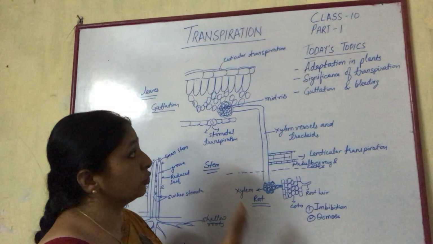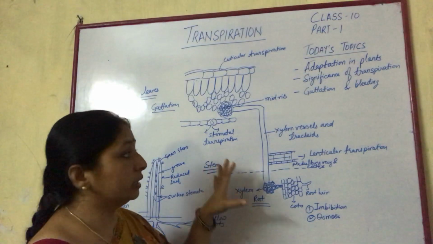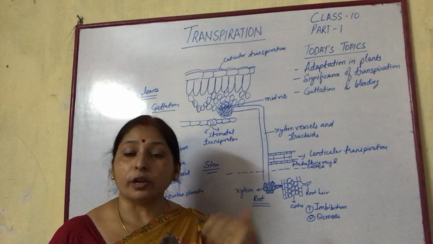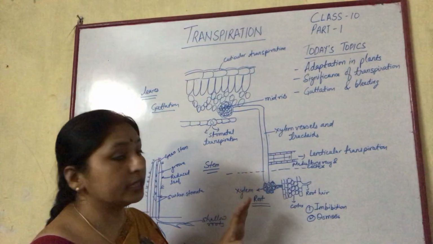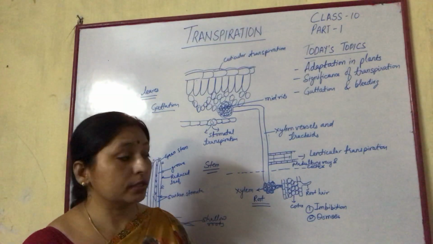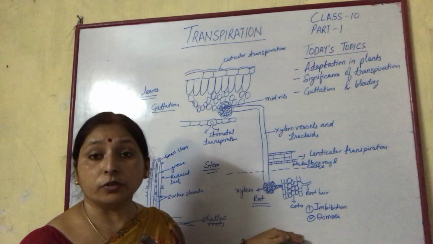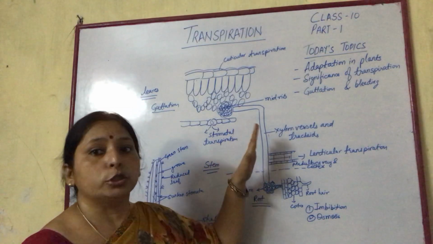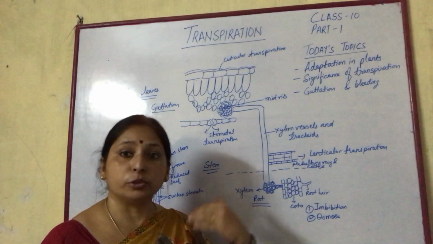Before these three topics, we'll study the diagram given. The diagram is about the drawing of water from roots to shoot, and all the different cells involved in the process of transpiration, the cells involved in the movement of water from root hair to the shoot or the leaves, and after that stomatal transpiration to the atmosphere.